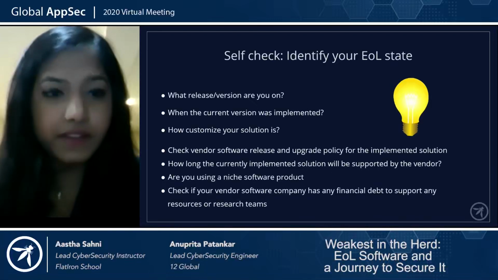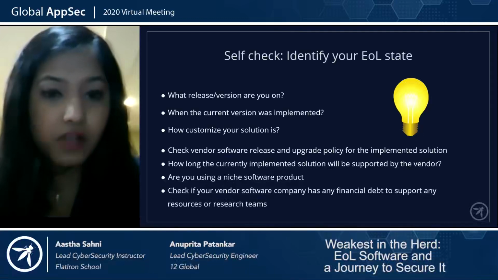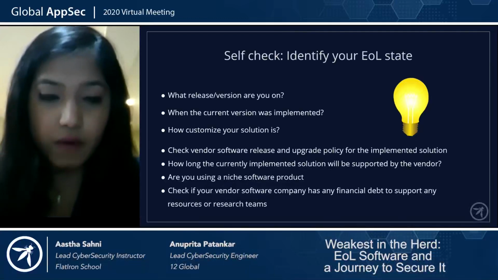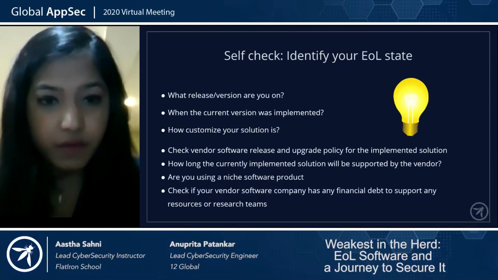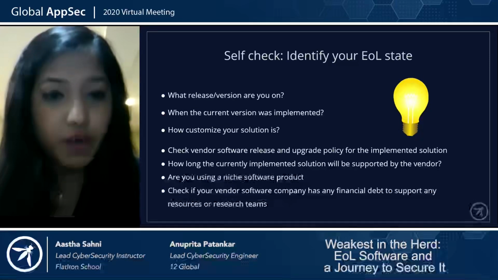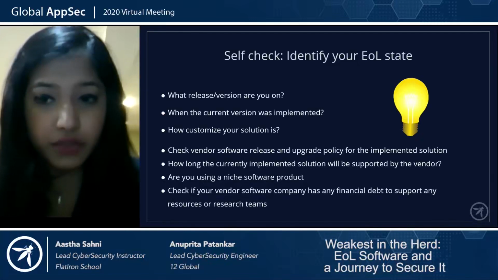The next point is, when we talk about the software vendor, a software vendor is someone who creates the software. And while creating a software, they also document a software release and upgrade policies for the implemented solution.